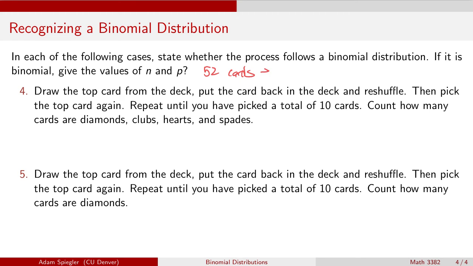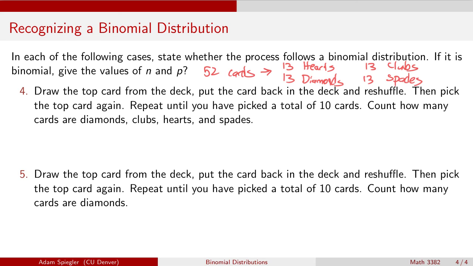So in this standard deck of 52 cards, there are going to be 13 hearts, 13 cards are going to be diamonds, 13 cards are going to be clubs, and 13 cards are going to be spades. So if you're not familiar with the standard deck of cards, here's the most important information we would need about that.